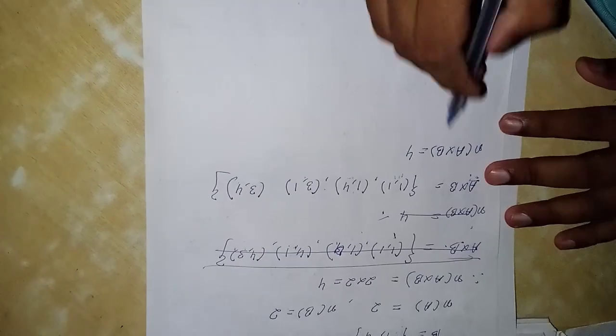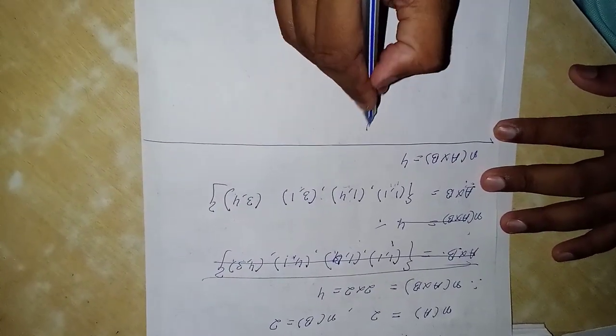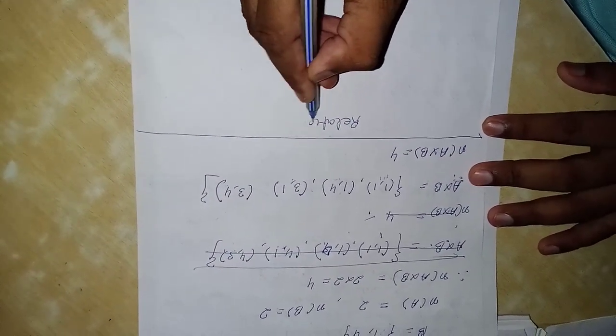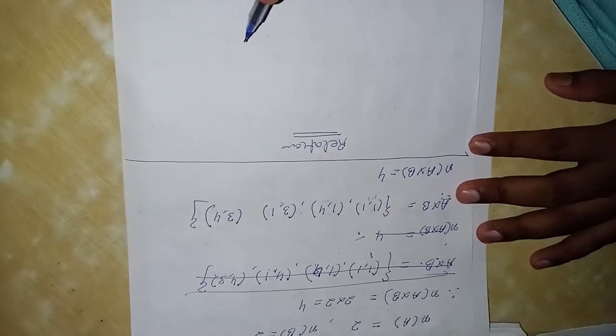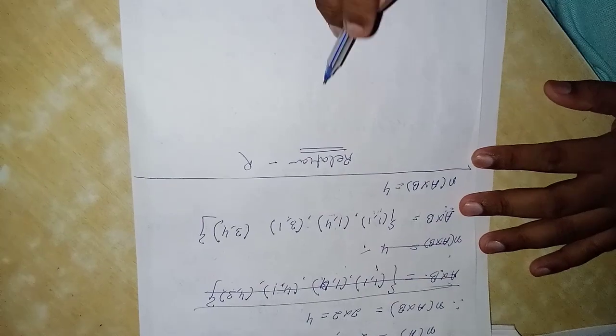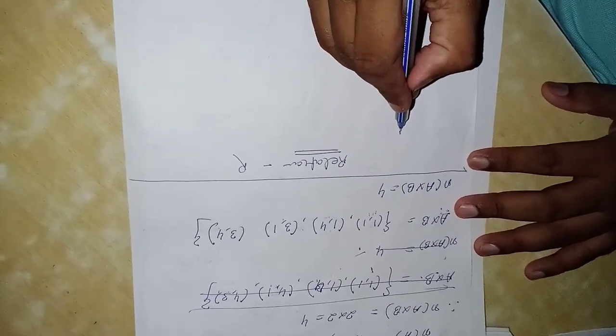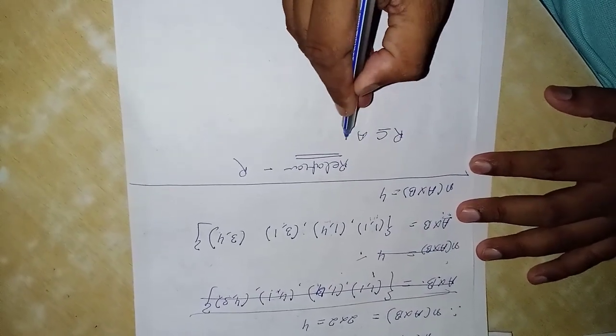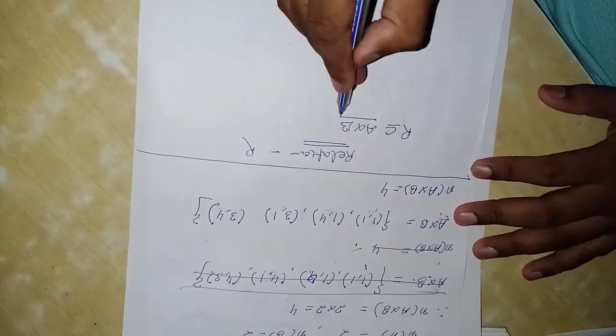Now comes the relation. What is relation? First thing, relation is denoted by R. The relation is a subset of A cross B. And what is A cross B?